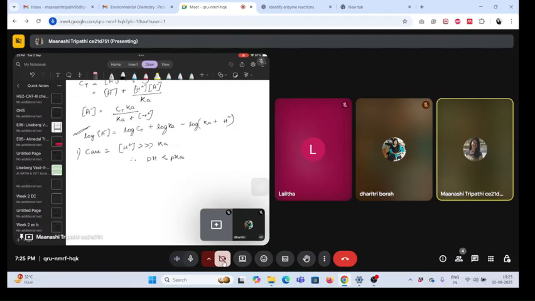Okay, what will happen when pH is less than pKa? Log A negative is equal to log Ct minus pKa plus pH.